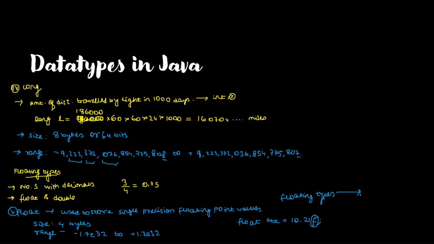They are automatically promoted to the double data type by the Java compiler. So you need to mention this f in order to tell the compiler that it's a float value, and it's not a double data type value.